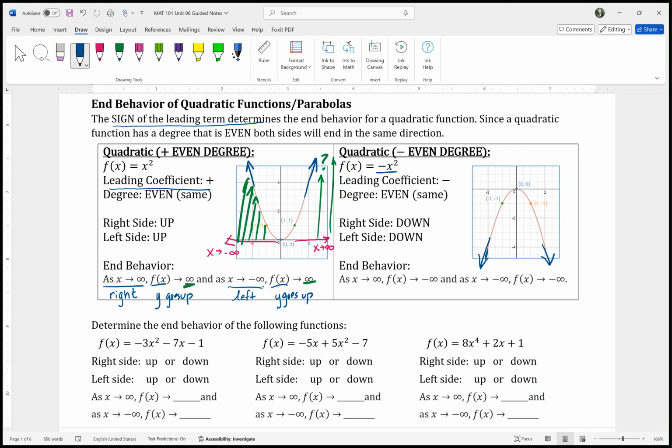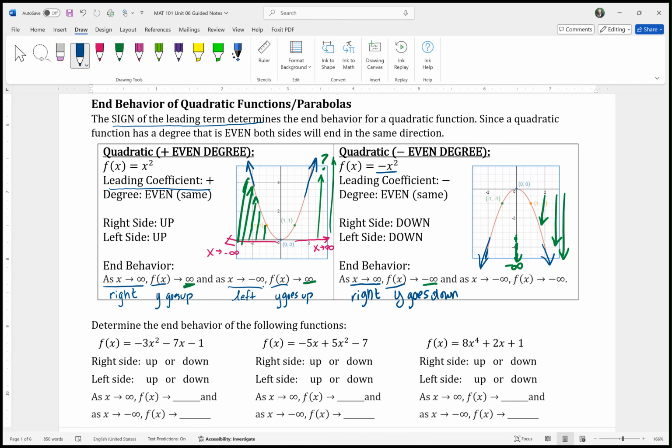All right, so our end behavior here would say, as x goes to infinity, this is saying right, y goes which way? Well, y is going down in this case. Down, down, down. Okay, and it's getting smaller, smaller, smaller, and y goes down to negative infinity. So that's what that negative is for, and this is going down.